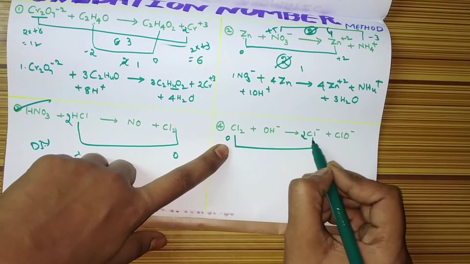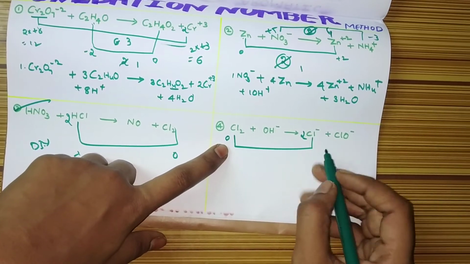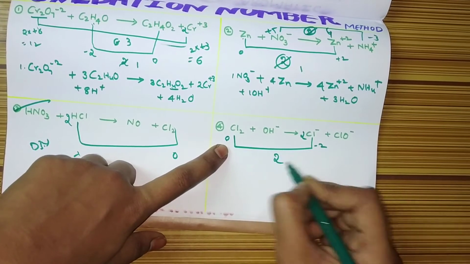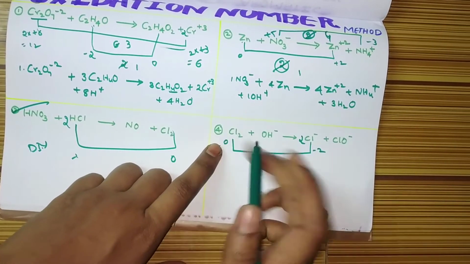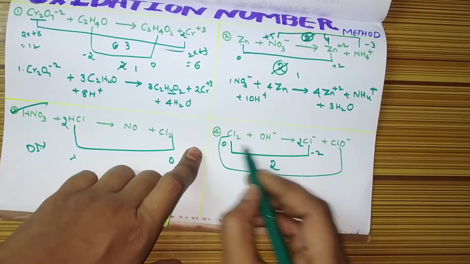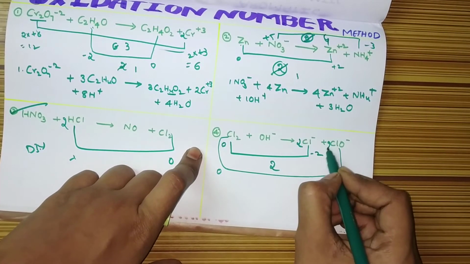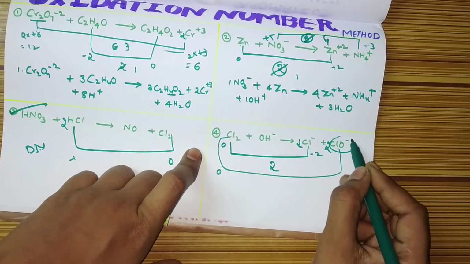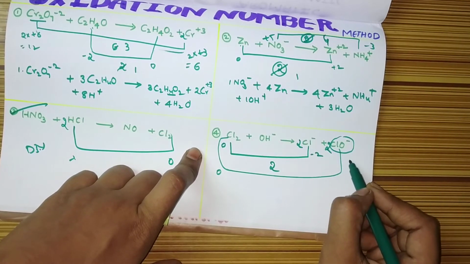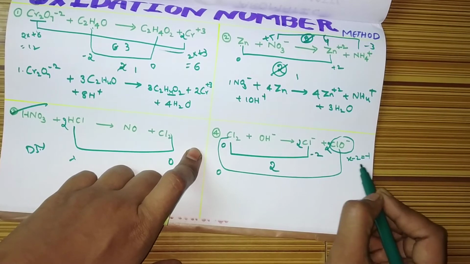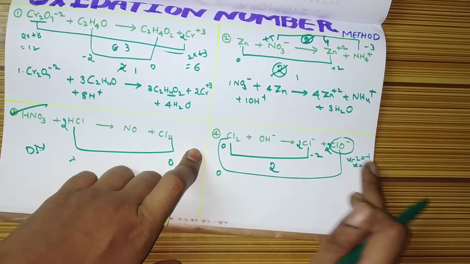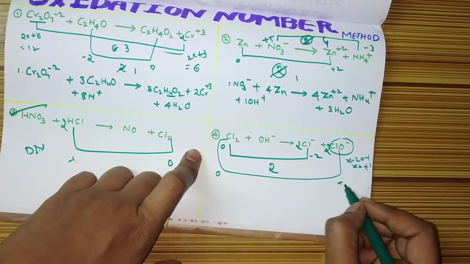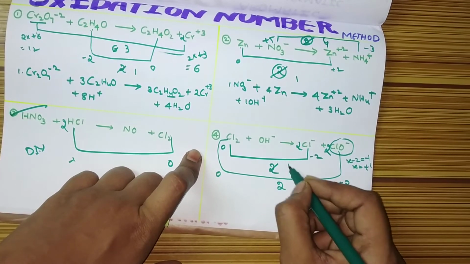Here 0 and here -1, so -1 into 2, -2. What is the difference? 2. And for ClO-, what is the oxidation state of chlorine? X minus 2 is equal to -1, then X is +1. So +1 into 2, it will become +2. What is the difference? 2. So take the common ratio 1.